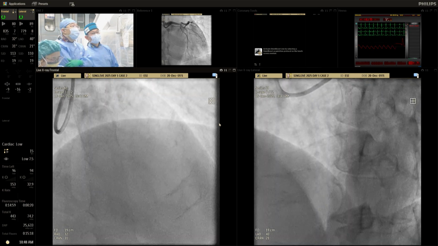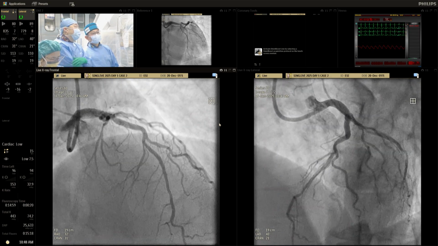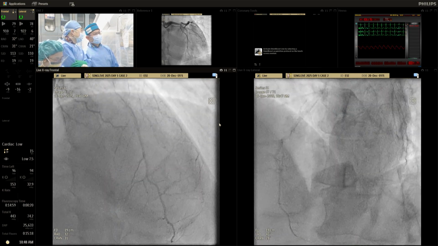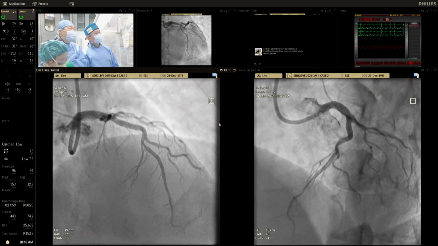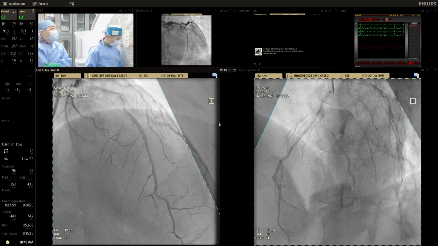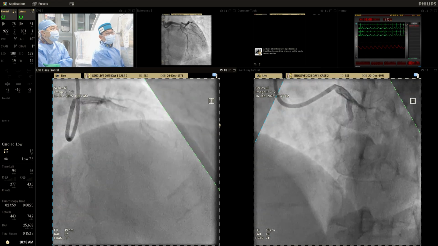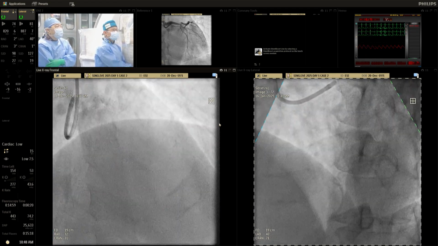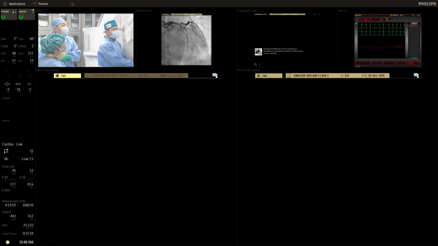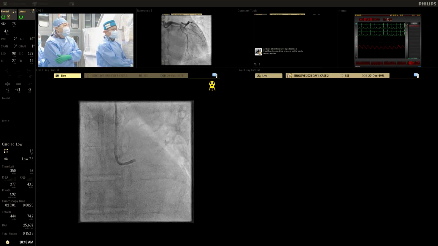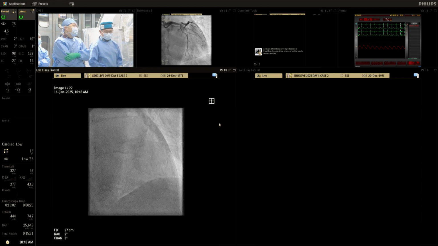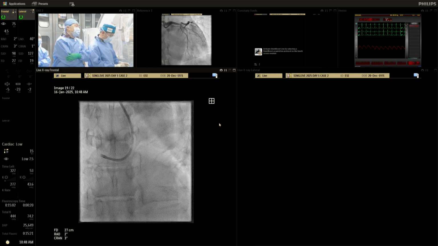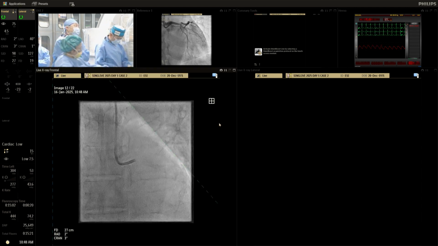It's only the caudal view, so the eccentric calcium especially remains difficult to treat. Yeah, it remains a problem. DCA for a calcified lesion is, I think, contraindicated. Yeah, maybe orbital.